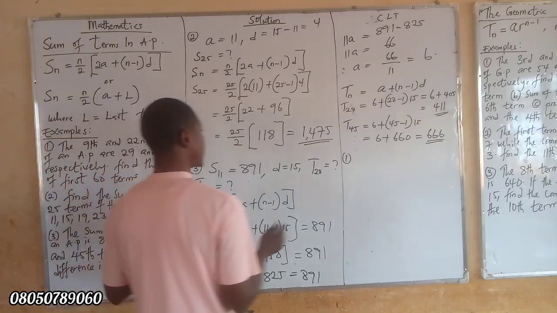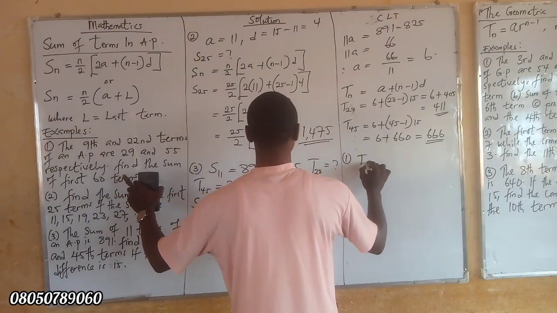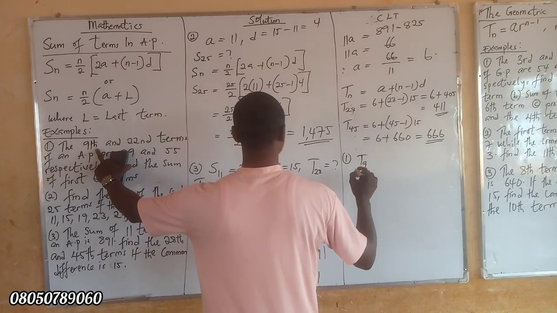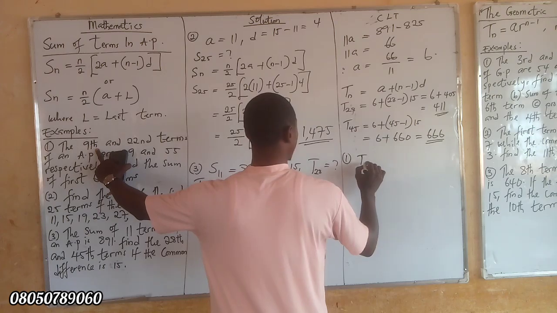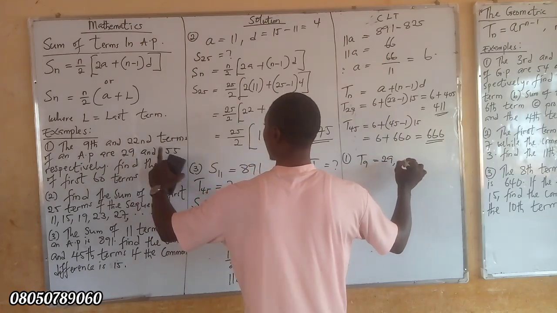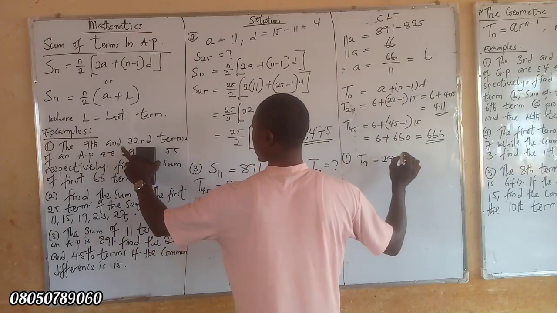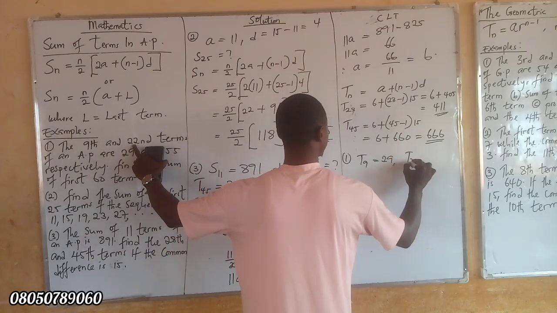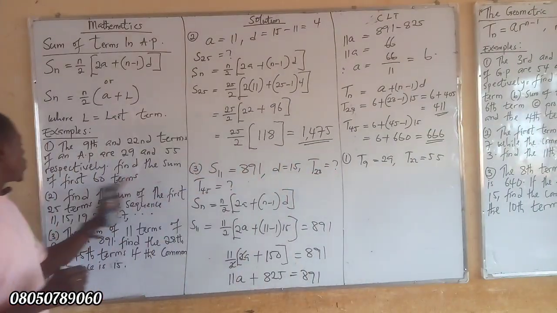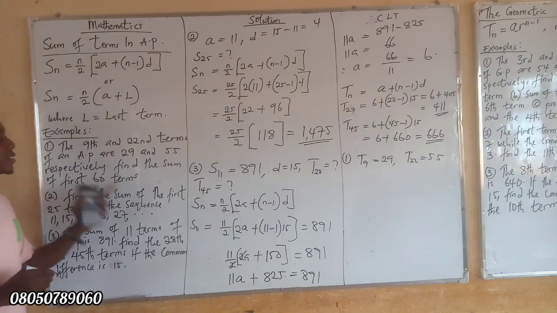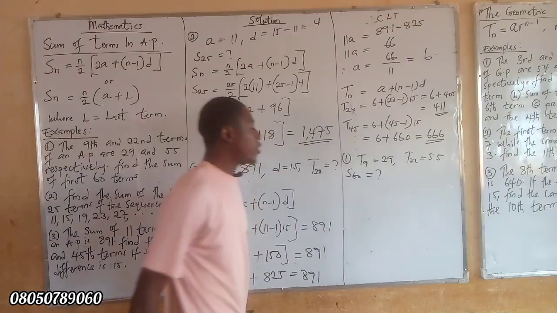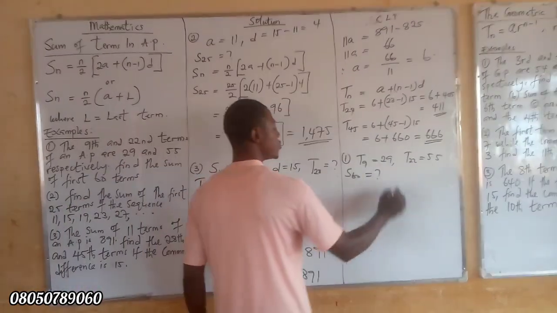So we are going to start like this: our T of 19 is given to be 29, comma, then T of 22 is given to be 55, respectively. Find the sum of the first 60 terms. So what you are asking us to find is S of 60, which is not given. But before we find S of 60, remember we are going to find our A.